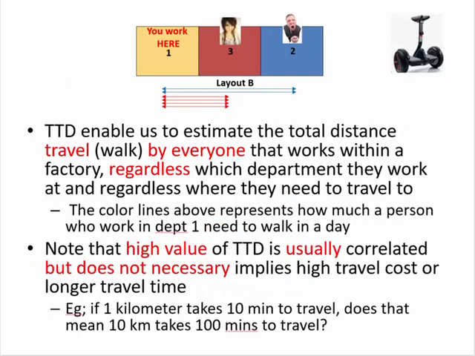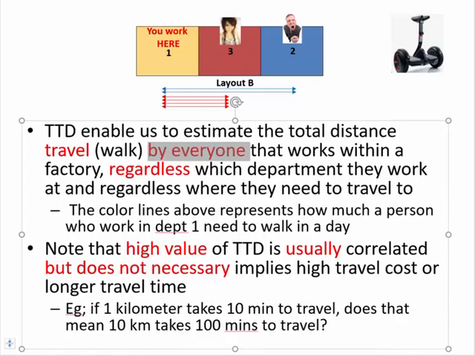However, since we are all OM managers, conceptually, total travel distance basically means the sum of walk or travel that all your employees need to do in a week or in a day, in a month, depending on your flow time horizon, regardless of whichever department they work at. They could work at department A, they could work at department B, and also regardless of where they are traveling to. So that in itself is total travel distance.